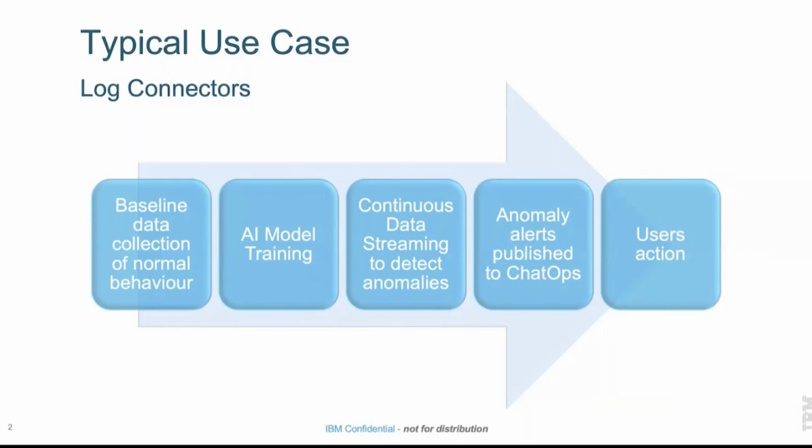This streaming data is processed to detect any anomalies which can be correlated with other alerts and published to ChatOps platforms like Slack or Microsoft Teams, assisting in determining the cause and resolution of issues. Users can then take action on these events using runbook automation or other collaboration tools.